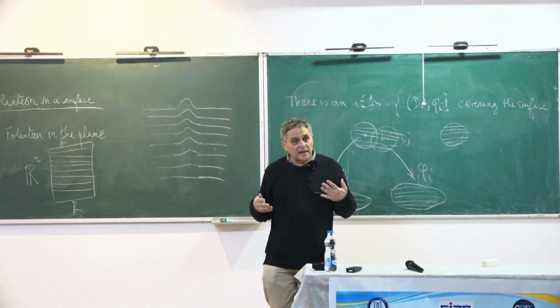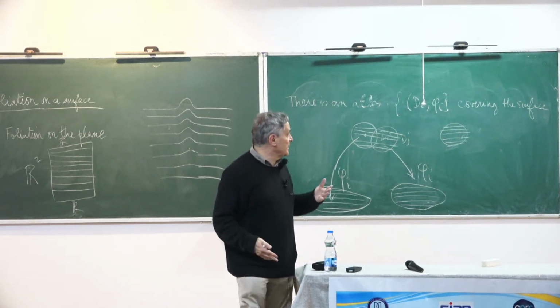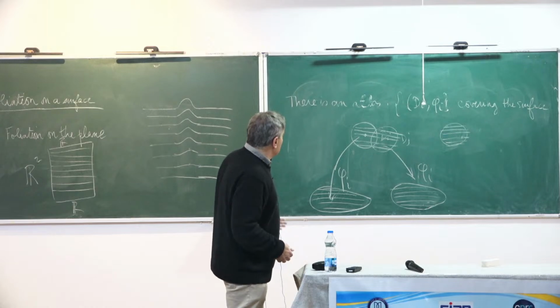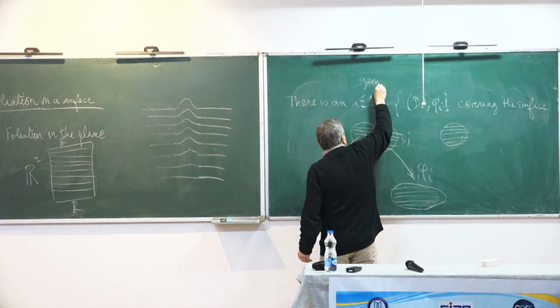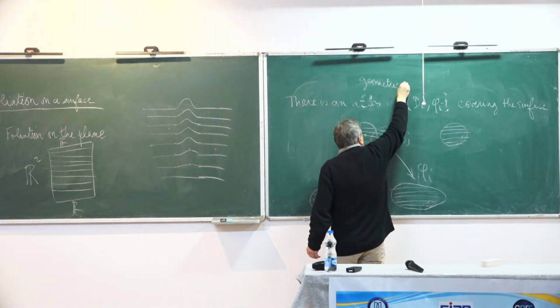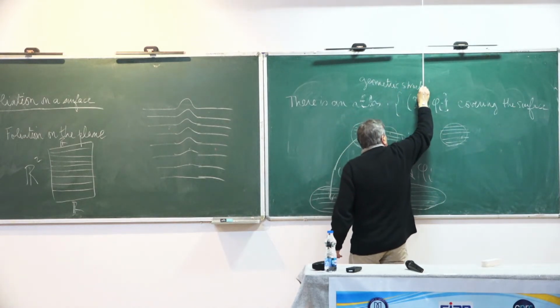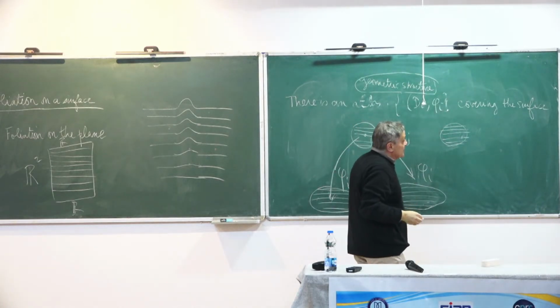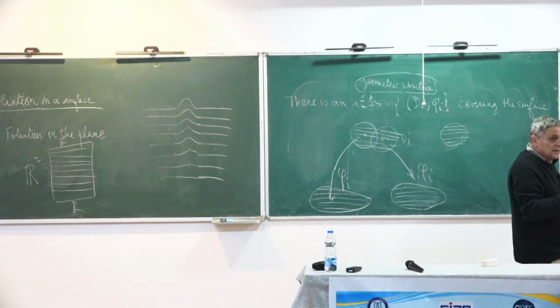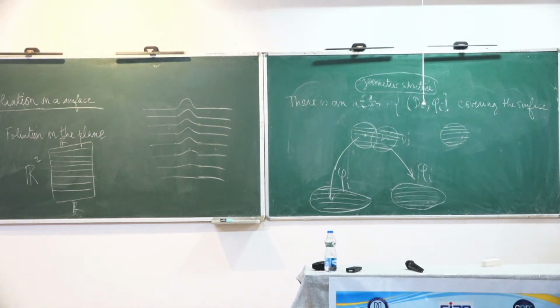So a surface is equipped with a foliation. A foliation is something like a geometric structure. Geometric structure means something defined by an atlas with change of coordinates. So this kind of geometric structure here is called a foliation.